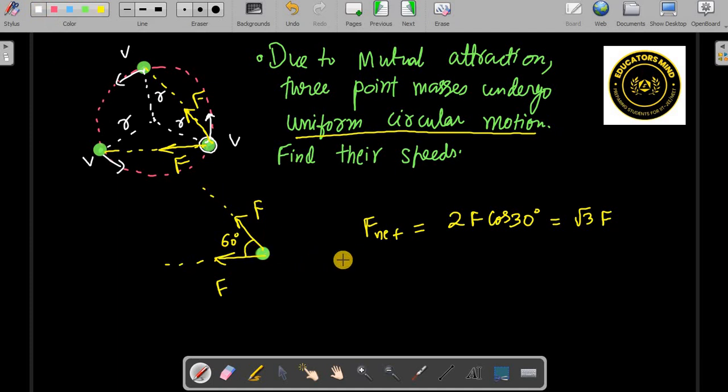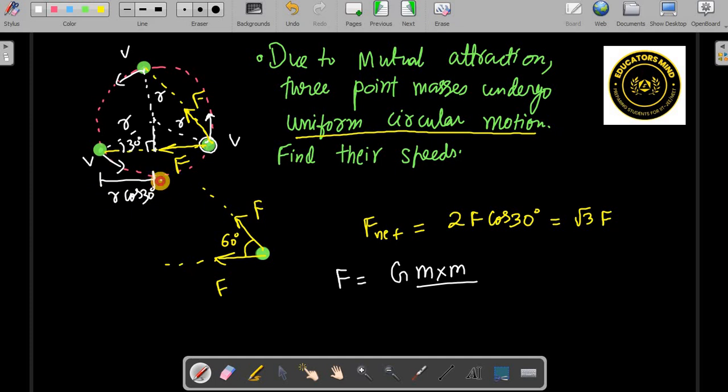What is this force F? It is between individual masses. So G M1 M2, each mass equal, let us say M into M, by the distance. What is the distance between them? Let us say this is a perpendicular here and this is going to be 30 degrees. This distance is R cos 30 degrees.